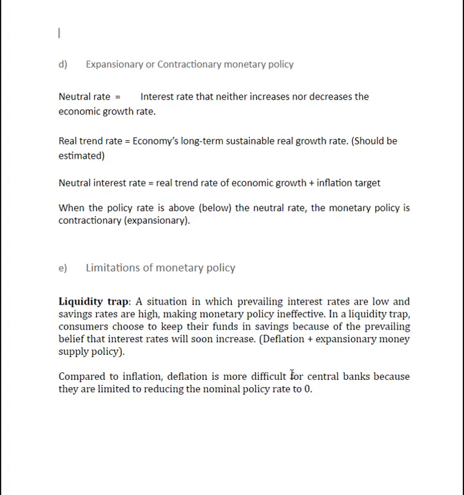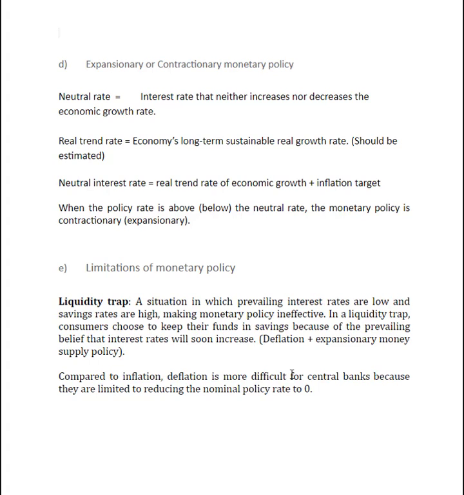That's a short-term rate, and this is a long-term rate. When the short-term rate goes up, we want to contract the money supply. When the short-term rate goes down, we want to encourage deposits and increase the money supply. That's expansionary monetary policy.